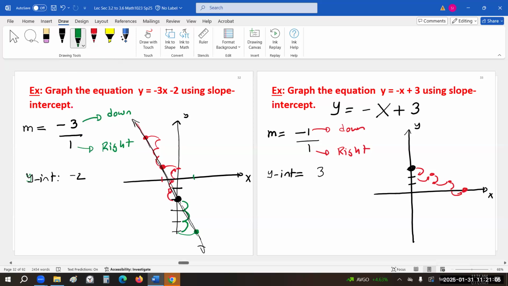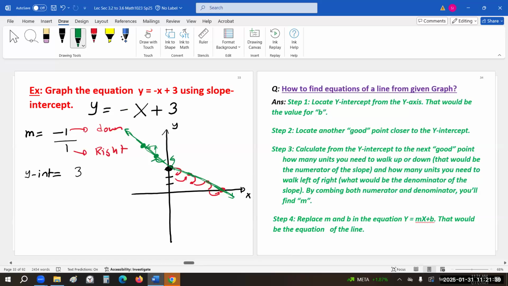From the y-intercept, 1 up and then 1 left, somewhere here. So 1 up, 1 left. And then connect everything. It should be straight. Assume it's straight, okay? I didn't have my grids, I just estimated, which was bad.